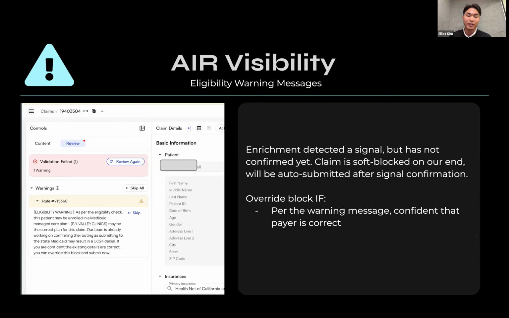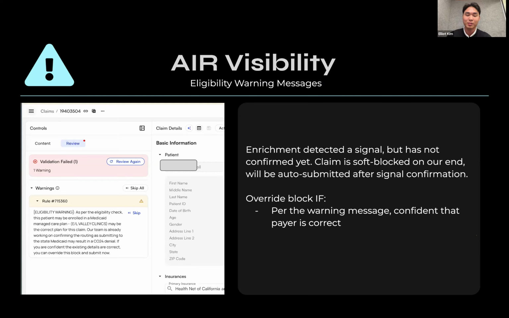So one thing to note is that these suggestions are not necessarily the payers we will auto-submit to. For instance, if there is a workers' comp payer or a dental payer that is being suggested when the claim is clearly not for a dental claim, we have extra checks and guardrails in place so that the billing and claim insurance types are matched. And after all these signals align, then our team will auto-submit it.